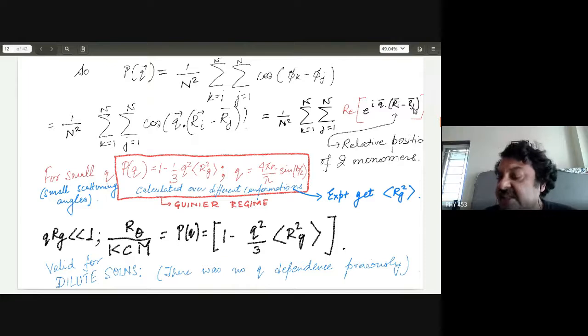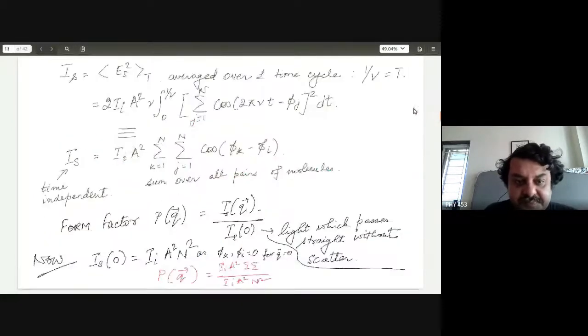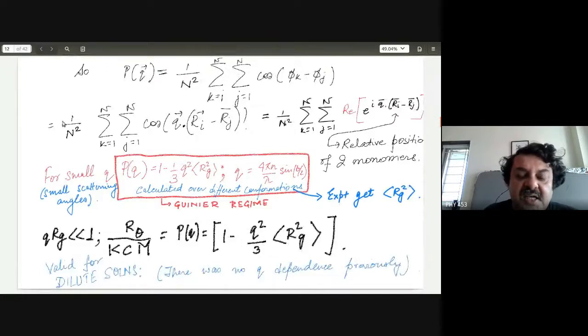Now suppose ri, rj can change and you do an ensemble average of all conformations, assuming the ideal chain, if you take all possible conformations, then it can be shown that P(q), this mathematical quantity, can be written as 1 minus q square Rg square by 3, radius of gyration, whole square, where q can be written as 4 pi n by lambda sine theta by 2, and you are working at only very small q's, very small thetas.